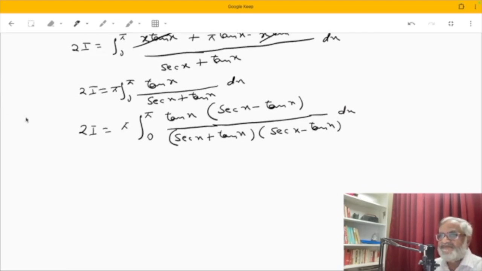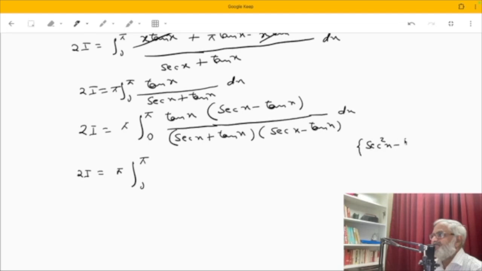So twice I equals pi integral 0 to pi. Now a plus b into a minus b is a square minus b square. So this becomes sec square x minus tan square x, and this is equal to 1.